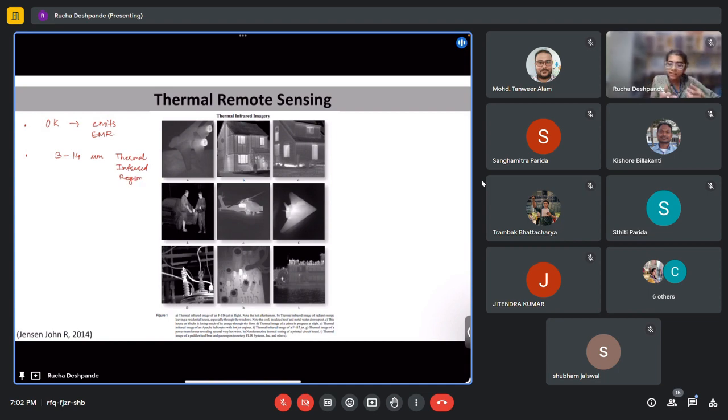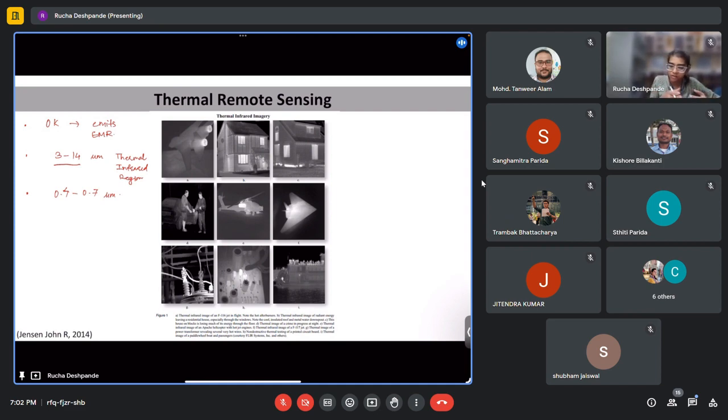But our eyes are only sensitive to the short wave visible range, which is 0.4 to 0.7 micrometer. Right. So we can only see the range from 0.4 to 0.7 micrometer, and beyond that, above or below, our eyes cannot sense those. So these thermal infrared radiations, which are in this range, would not be sensed by our eyes, right?